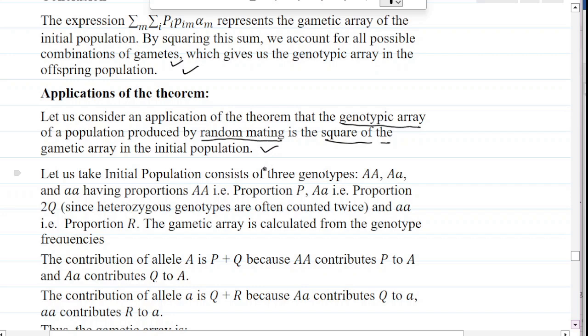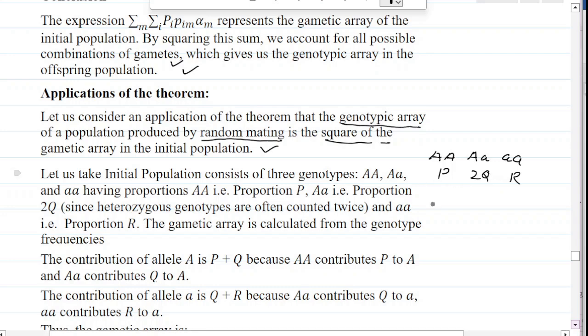So let us consider an initial population which consists of three genotypes, say capital A capital A, capital A small a, and small a small a. Here P is the proportion of capital A capital A individuals, 2Q is the proportion of capital A small a individuals, and R is the proportion of small a small a individuals.